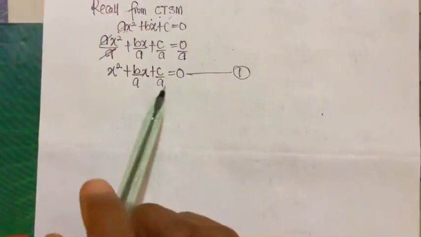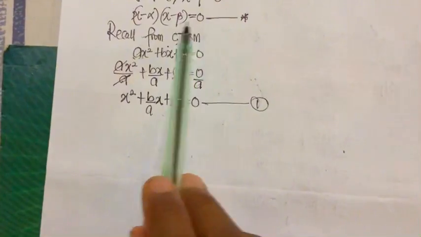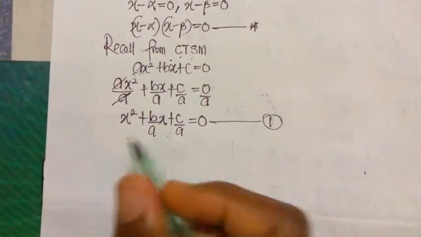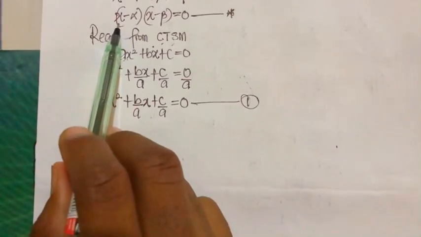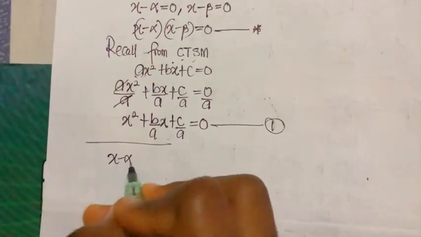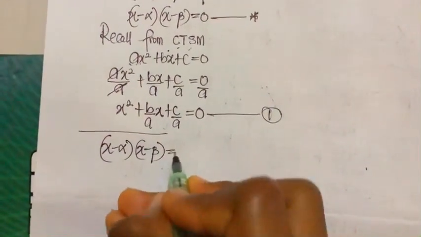Then let's go back to the previous asterisk expression and rewrite it here: x minus alpha and x minus beta equals 0.